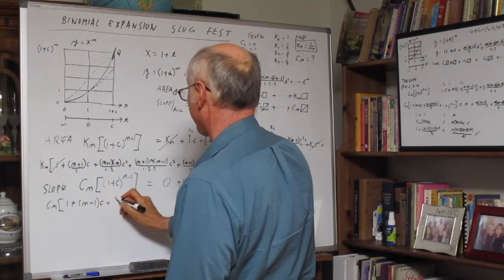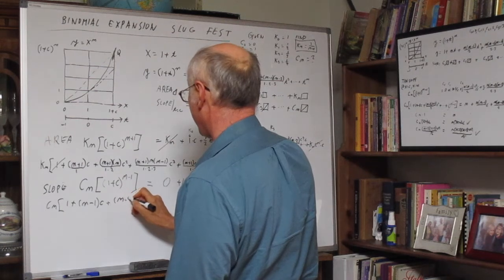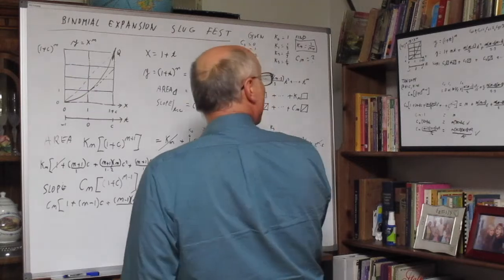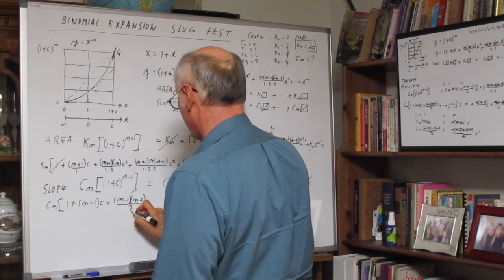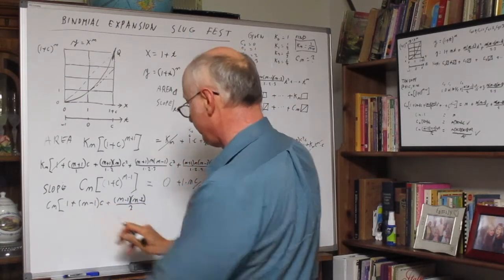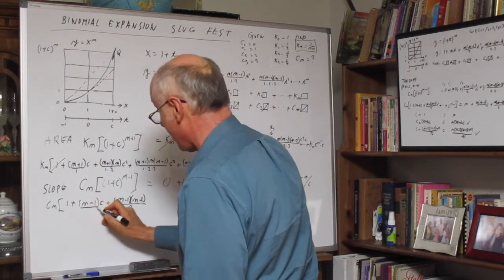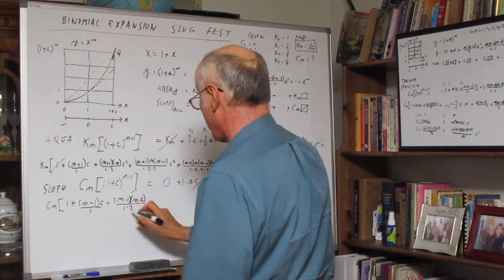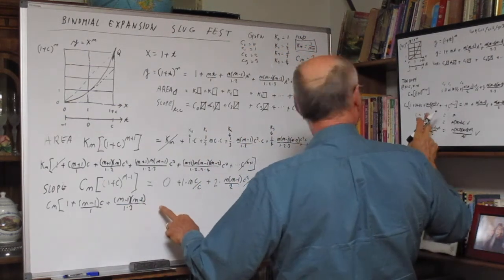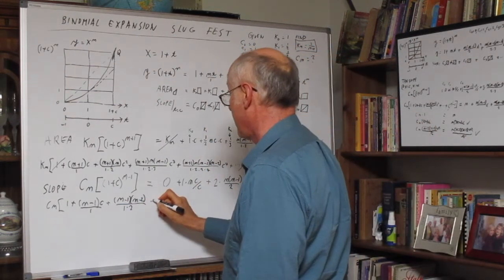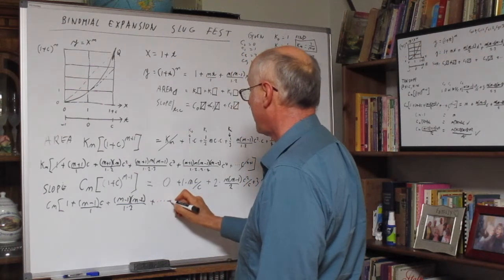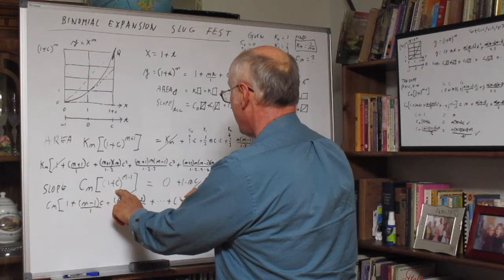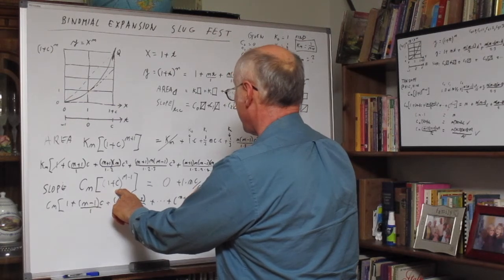Plus n minus 1, n minus 2 over 2. This is over 1 factorial. And this is over 2 factorial. Yeah, C squared plus ... plus C to the n minus 1.